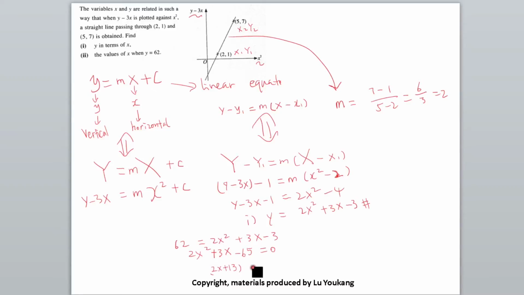And you should be able to see that this is a quadratic equation. If you factor it out, you will get (2x plus 13) bracket (x minus 5) bracket equals 0. And therefore x equals negative 13 over 2 and x equals 5.